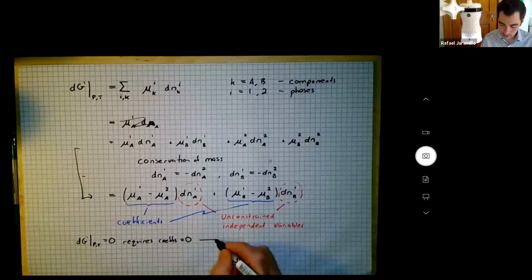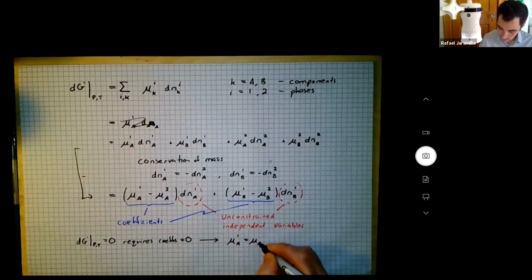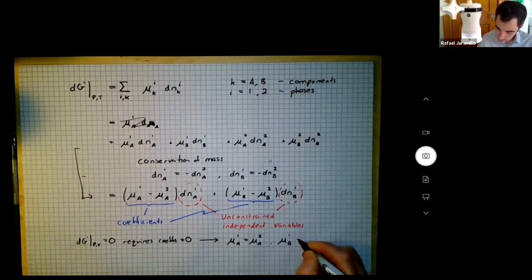And in this case, what that means is the chemical potential of A is the same in both phases, and the chemical potential of B is the same in both phases.